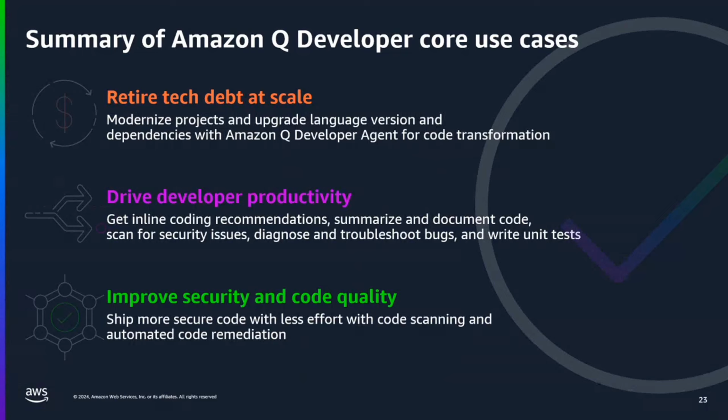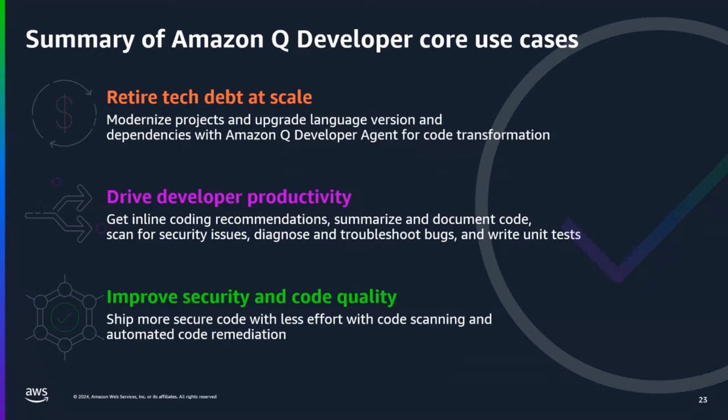In addition, it helps IT professionals and software developers accelerate software development and secure code development, so that you're able to move faster. Not only that, even DevOps engineers can use Q Developer to write Terraform templates, CDK, or CloudFormation in order to deploy and operate applications.